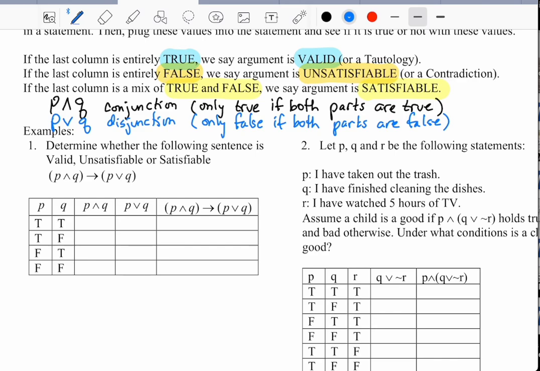The weird one is the conditional. P then Q. That's a specific occurrence. Right? If you have P then Q, it's only false if it's the first part, in the case of the first part is true and the second part is false.